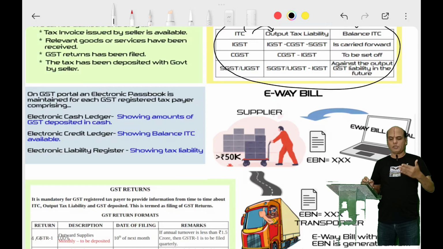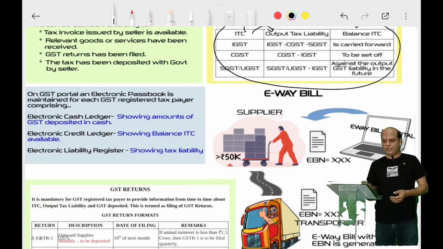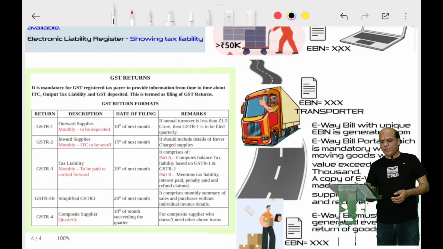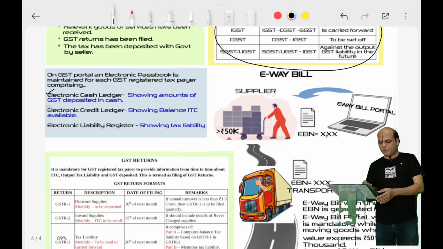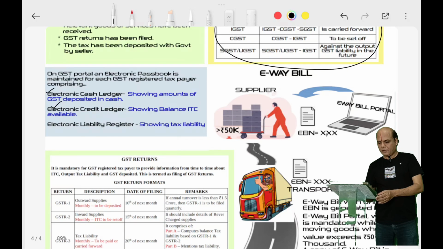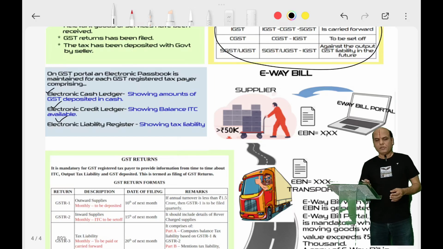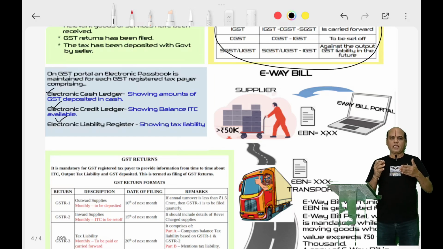This e-passbook has three ledgers. One is called electronic cash ledger. Second is electronic credit ledger. And the third is electronic liability ledger. These electronic ledgers are maintained for each taxpayer.